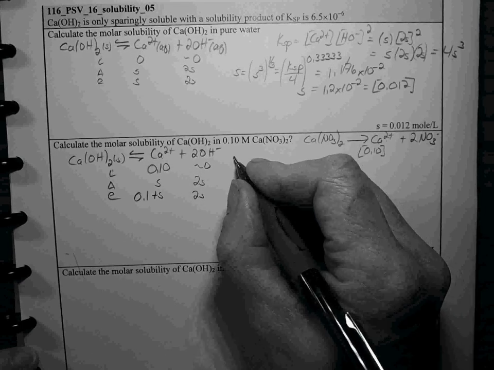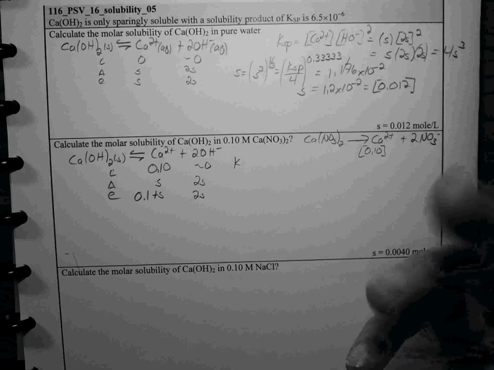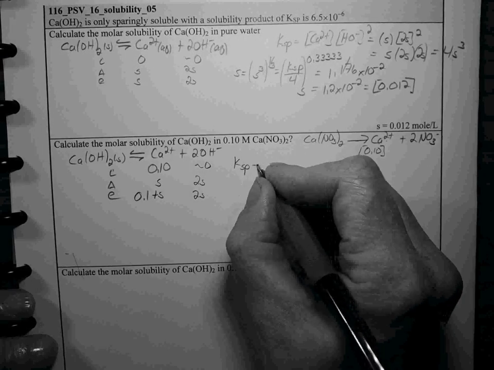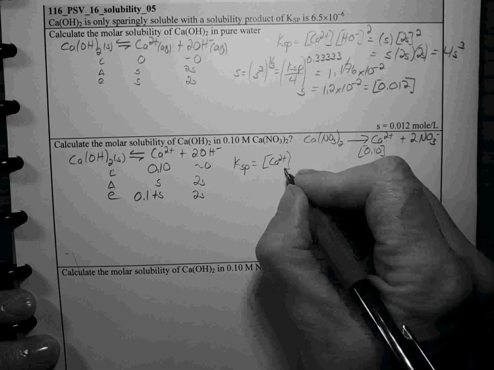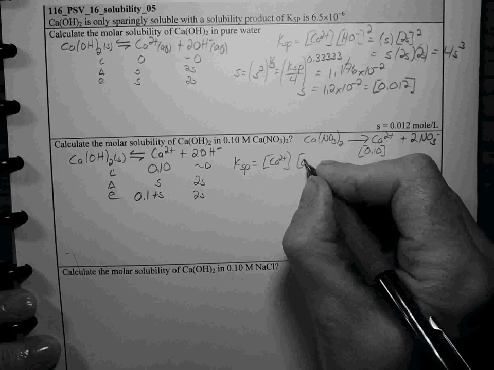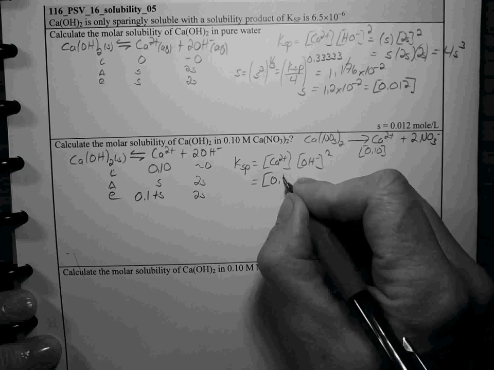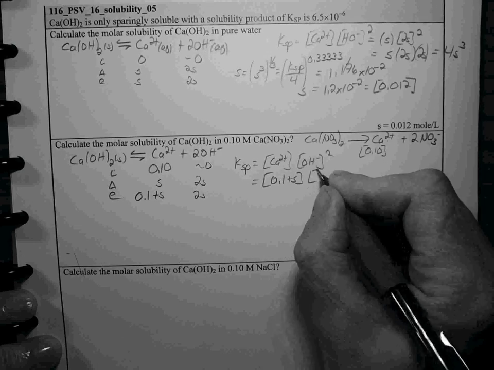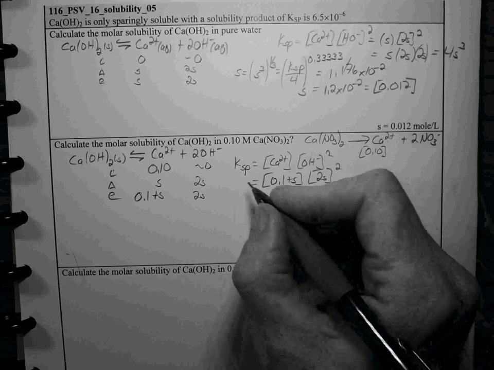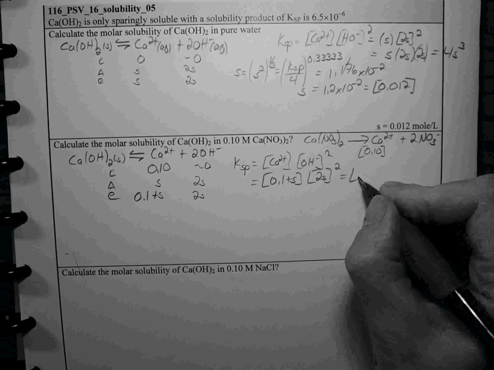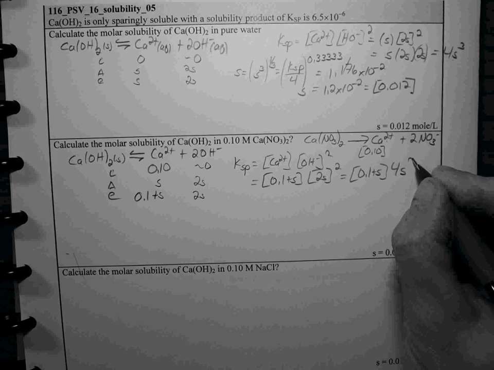So we can write KSP is equal to calcium 2+ times hydroxide squared. This is 0.1 plus S, and this is 2S quantity squared. And we can rewrite this as 0.1 plus S times 4S squared.